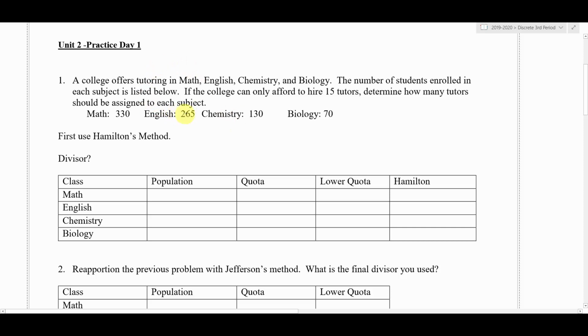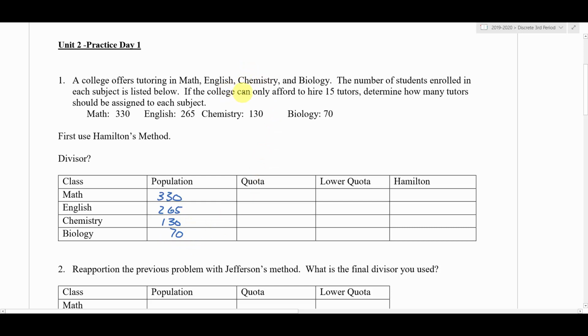All right, so let's look at this first problem. It says a college offers tutoring in math, English, chemistry, and biology. The number of students enrolled in each subject is listed below. So we have the populations for each class here. So I'm going to go ahead and just write those in here where it says population. So 330. We got 265 for English, 130 for chemistry, and 70 for biology.